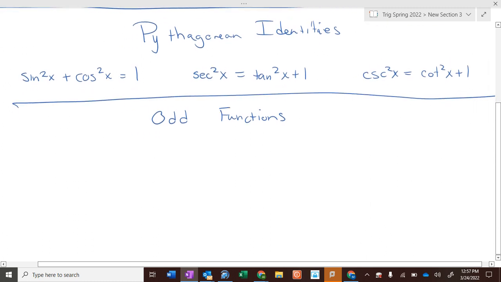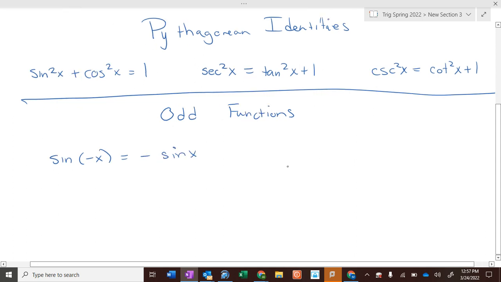Then we come to the odd functions, where the sine of negative x equals negative sine of x. The cosecant of negative x equals negative cosecant of x.